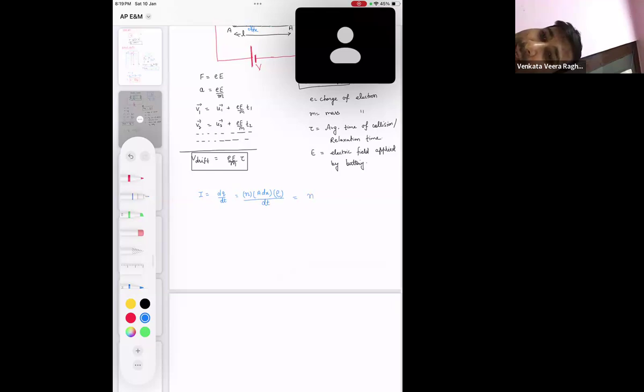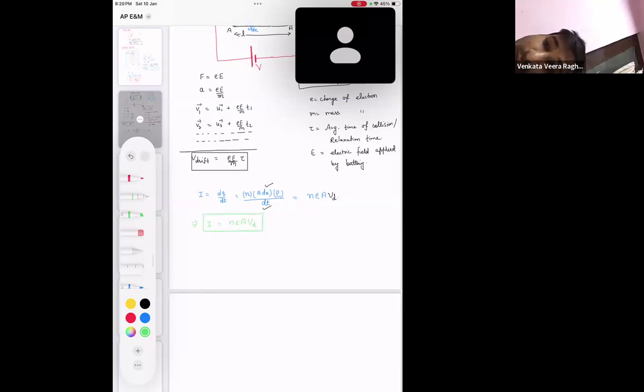Look at this expression. It looks like nEA, and what is dx by dt? The electron crossed distance dx in time dt. Can I say that this is nothing but the drift velocity? So what is the current flowing through a conductor? The current flowing through a conductor is nEA into vd.